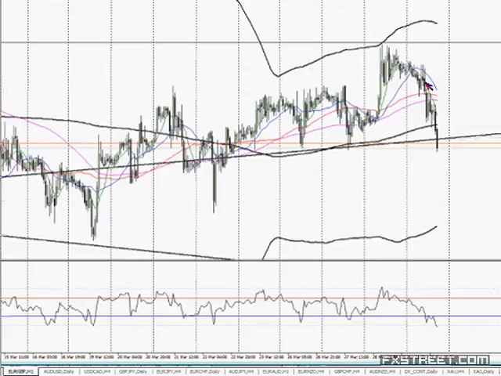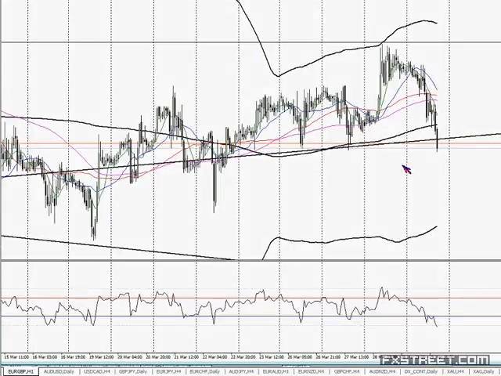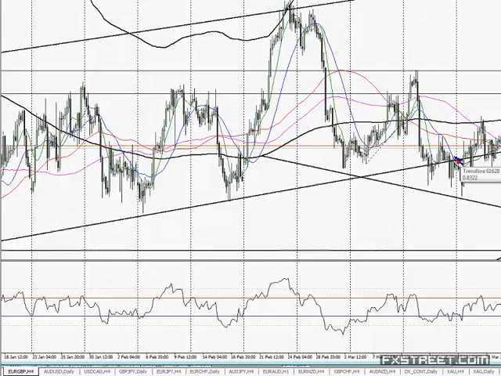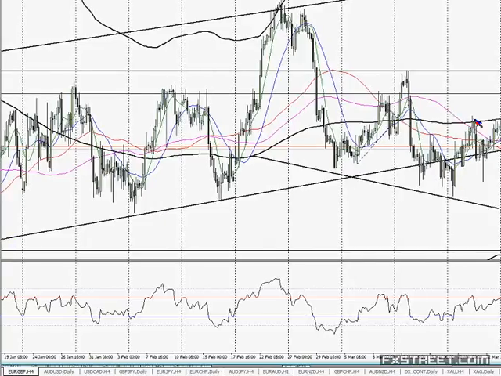Here's the euro pound 1 hour chart, and I have to admit here I was caught looking at a bearish market. There was such strong bearish price action breaking below this trend line. But you see this market right now failing to confirm.